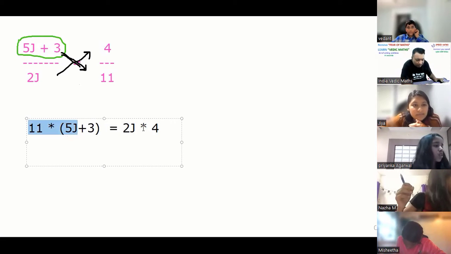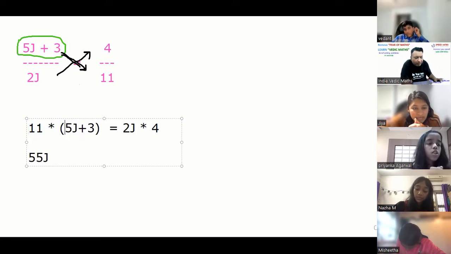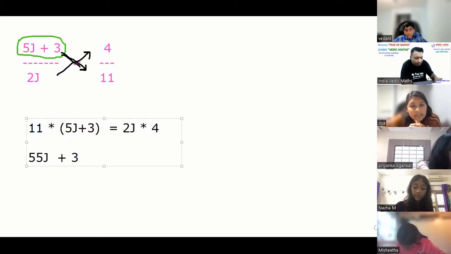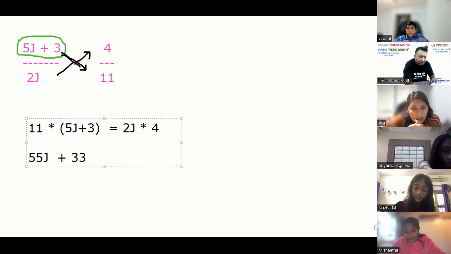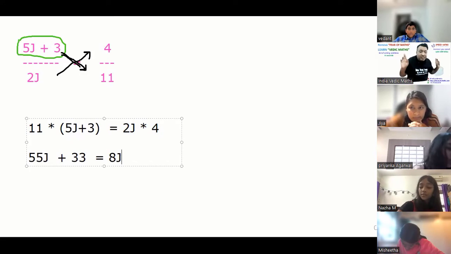So 11 times 5j is 55j. Then 11 times 3 positive 33. Perfect. What about this? That would be 8j, 2 times 4. Perfect. So we're done with the second step. Now who will move where?